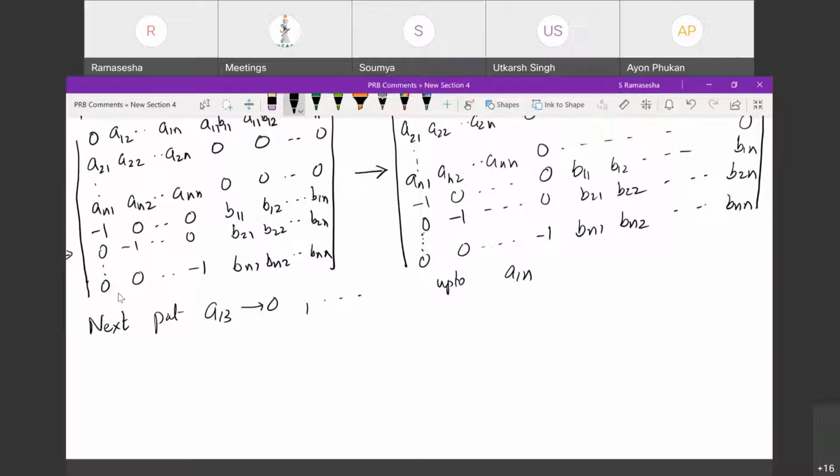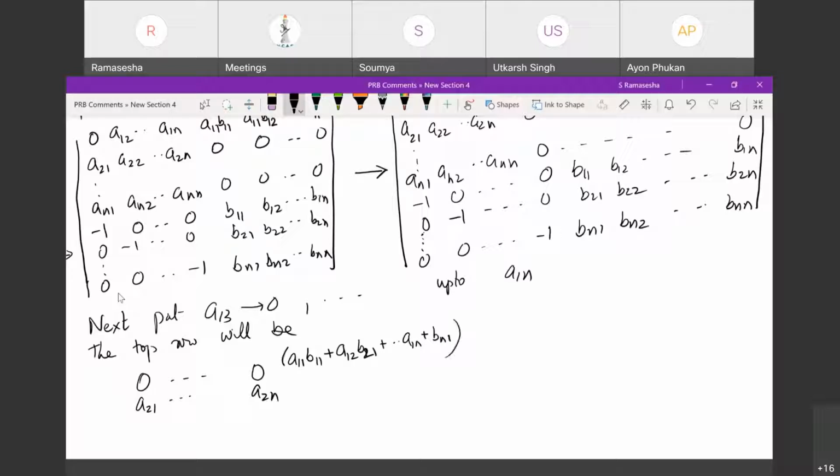The top row will be 0, 0, up to n, and then the second row, just for completion, A21 to A2n. And this one will contain A11 B11 plus A12 B21 plus ... plus A1n Bn1. That will be the first element.